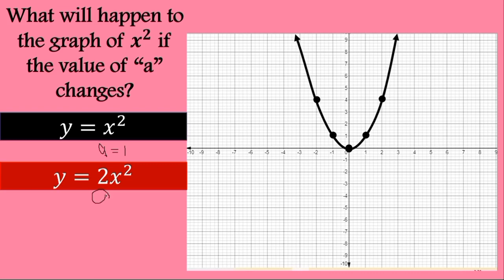And the value of a is 2. Now notice the changes in the graph. Can you tell me what happened to the graph? Yes, that is correct. The graph of y equals 2x squared has a smaller opening compared to the graph of y equals x squared. Let's have another example.